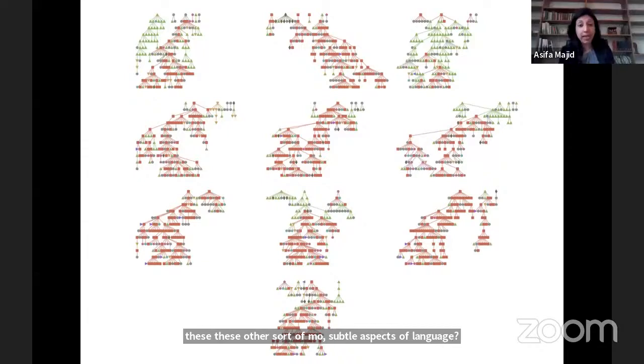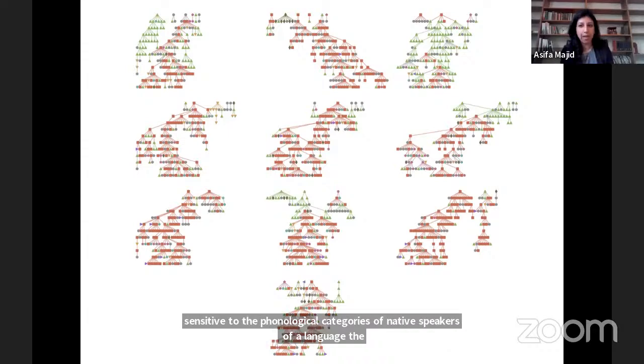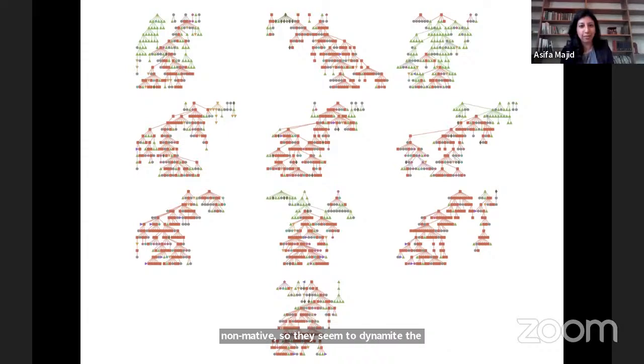Maybe even earlier, there's evidence that infants are more sensitive to the phonological categories of native speakers of a language than non-native speakers. They seem to downweight the evidence from non-native phonology, possibly because it's noisier. So that could be a place where you do get selective learning.